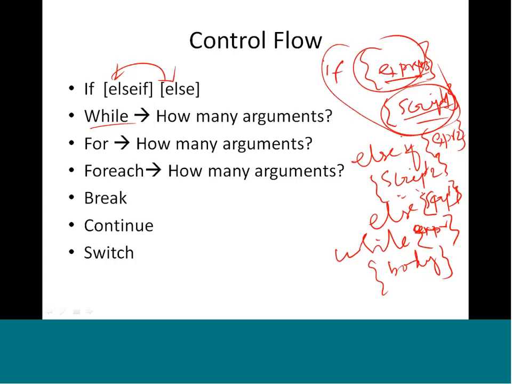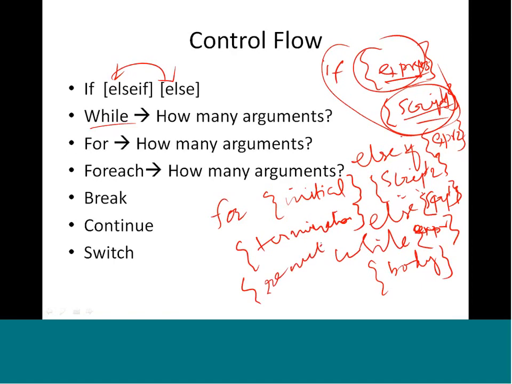How about for? For is something that we studied also. How many arguments do you think a for has? For is also another way of looping structure. So if you look at it, for has actually three arguments, actually four arguments. So the first argument is the initial expression, and then the second one is the termination. The third one is a re-init expression.